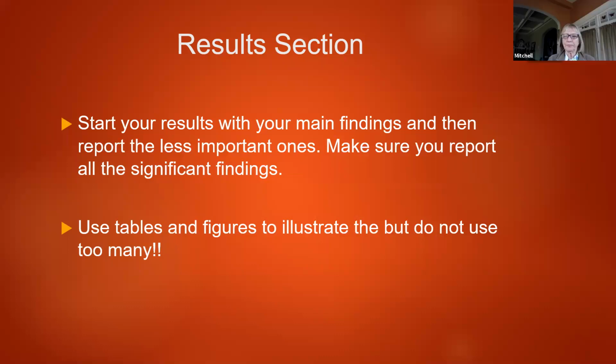Absolutely. What was significant to me was two things: do not underwrite or overwrite this section. People tend to include discussion content in this section, which is more where you want to interpret your findings.